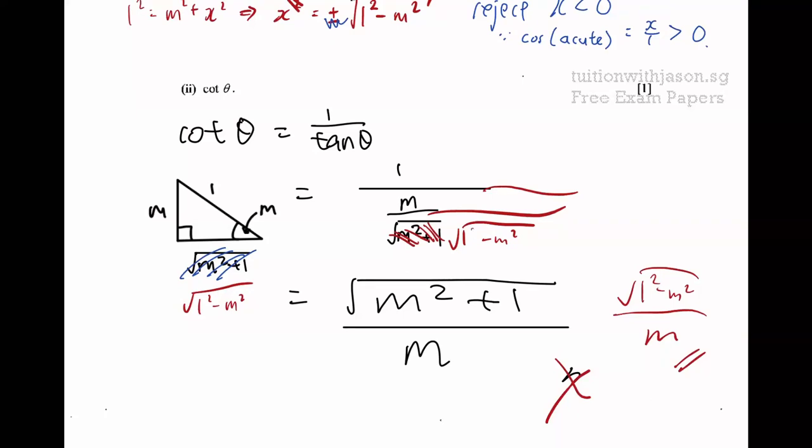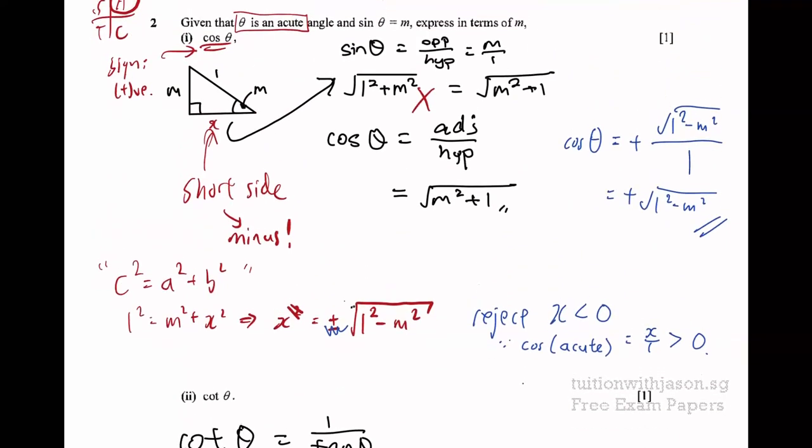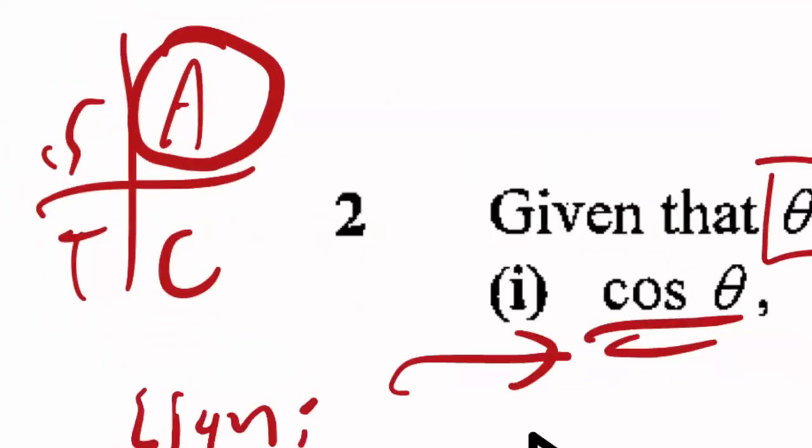Okay now. Very good. Also here it's a positive sign because theta is an acute angle. So that means the tangent of an acute angle, Q1, will always be positive.